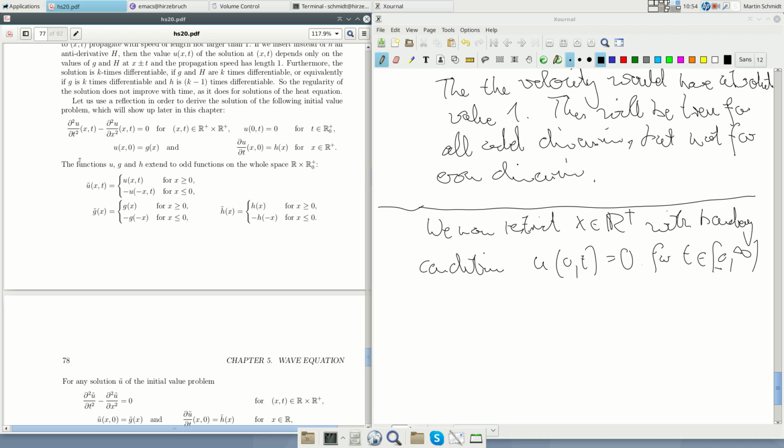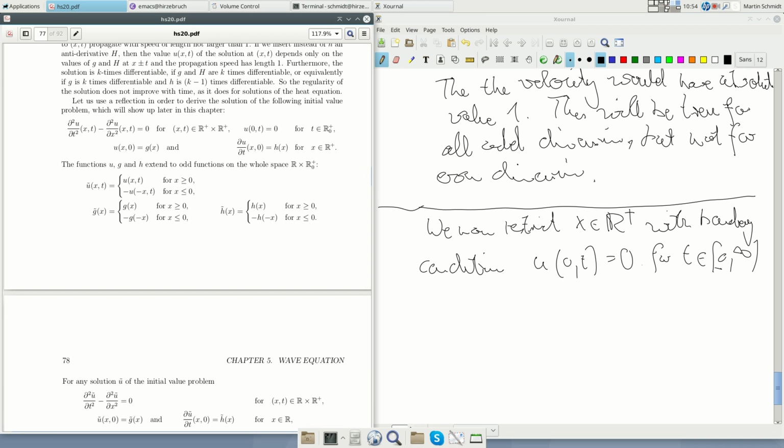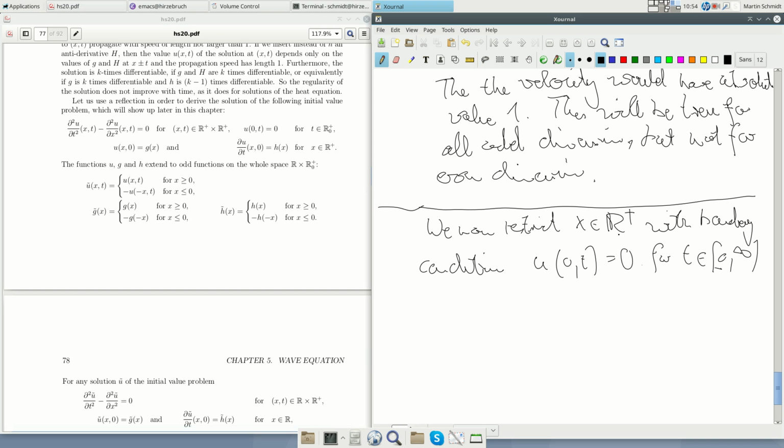The idea how to solve this is a nice idea, a reflection principle. We have the same initial values, so I don't write the whole problem again. This is just the usual problem, but with this additional condition at the boundary of space, which is at x equals 0.